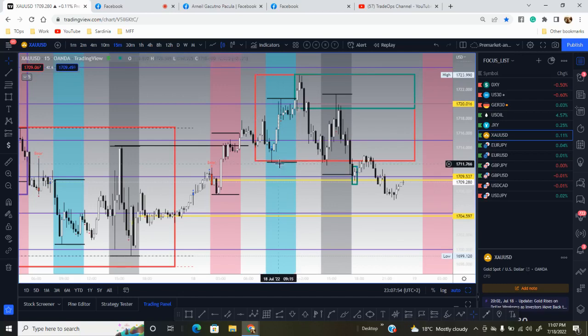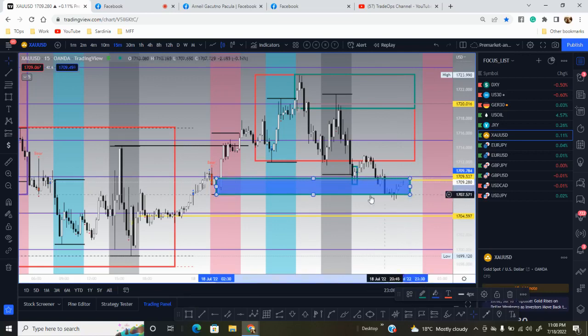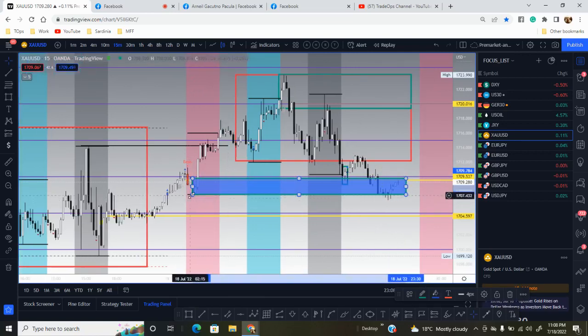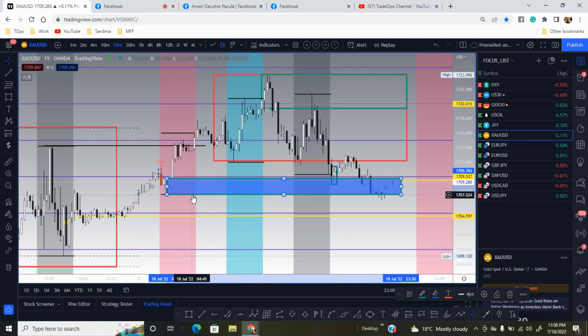Stop out niya yung mga stop losses dito below the low of the London, and the pullback to the order block. So ito yung order block naman na na-form during the Asian. So as you can see, kung maglalagay tayo ng limit orders, actually hindi na siya maganda maglagay kung meron ka mga limit order dito.